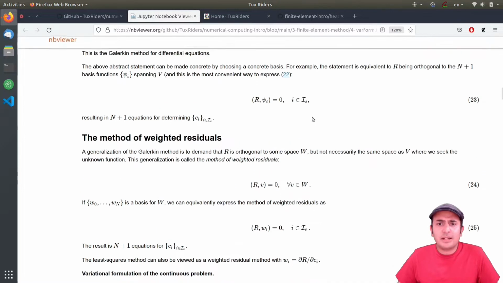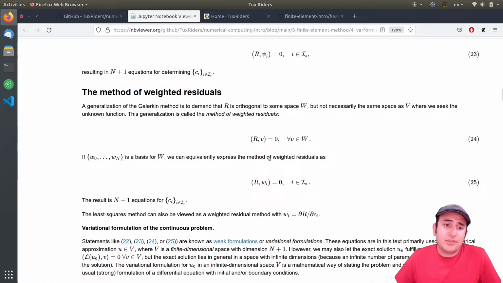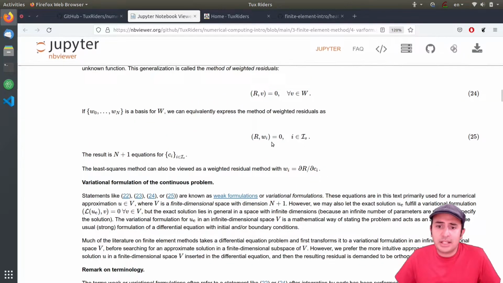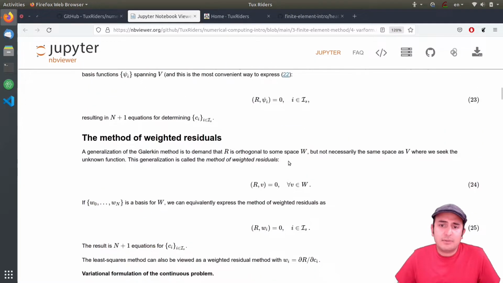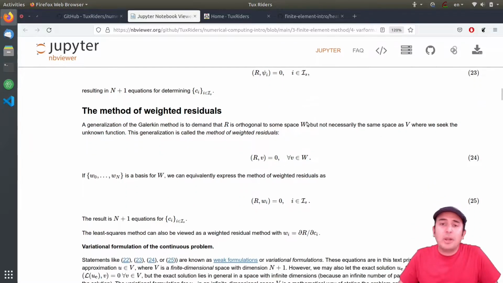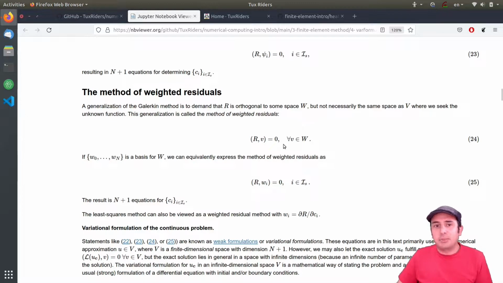So this is where the story starts, and generally, equations like this one are called the weak formulation. As I said, this is where everything starts. When we start to expand this inner product of the residual and the basis function equals 0, then we are doing the weak formulation.